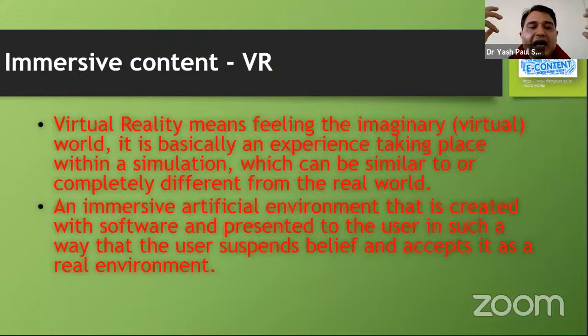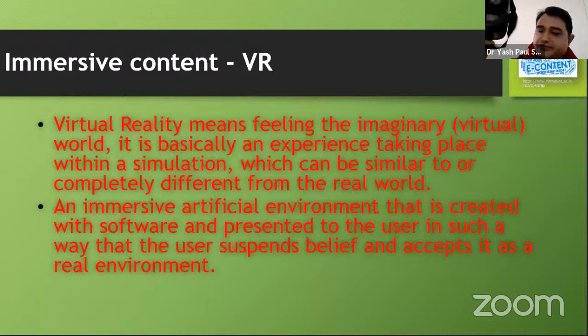say, for example, I have developed a virtual tour of some places. To see virtual reality content with true immersion, you need some extra hardware, like head mounted devices, this type of box that you require.